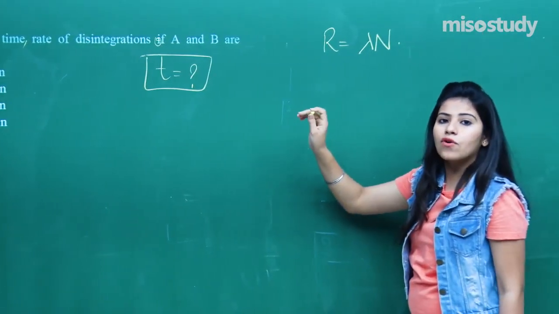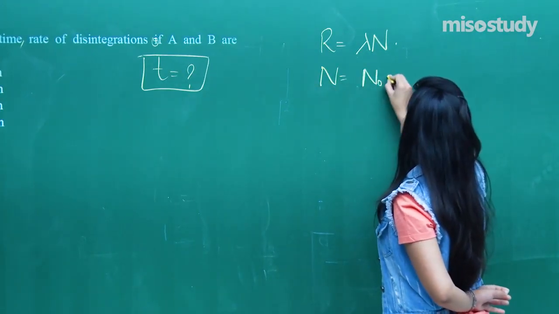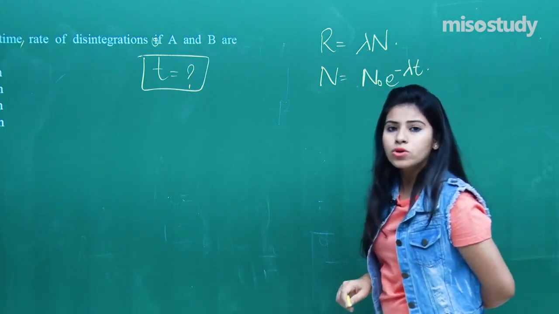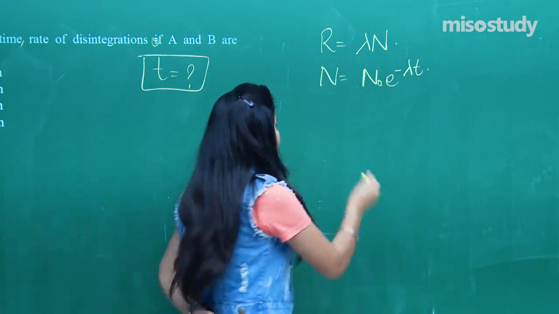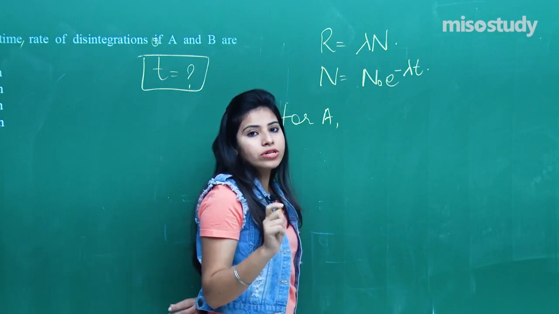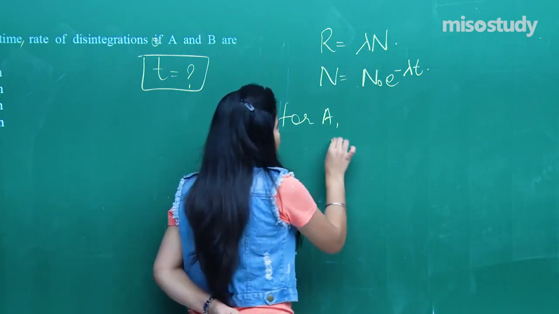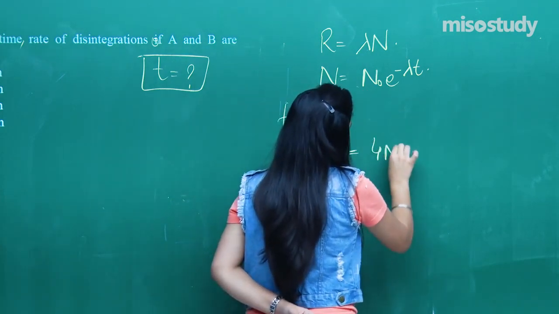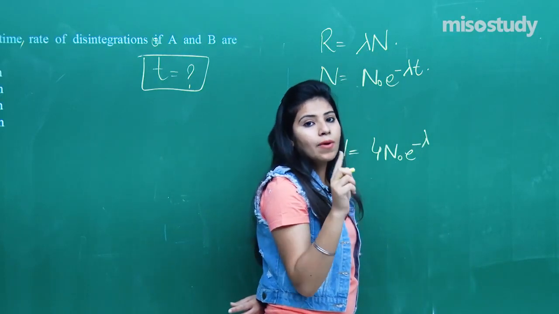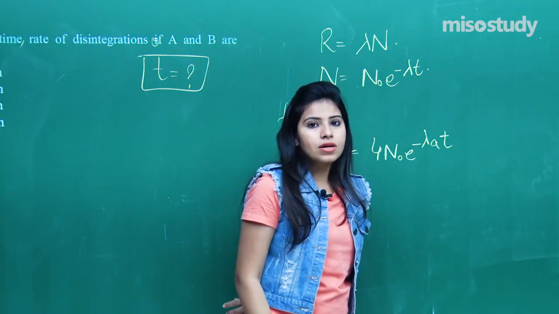Now for the case of radioactive decay law, N equals N0 e raised to the power minus lambda t. And you know that for the case of A, initially there were 4 N0 atoms. So I will be writing 4 N0 in place of N0. So N will be equal to 4 N0 e raised to the power minus lambda A t, because now I am talking about the A case, right?